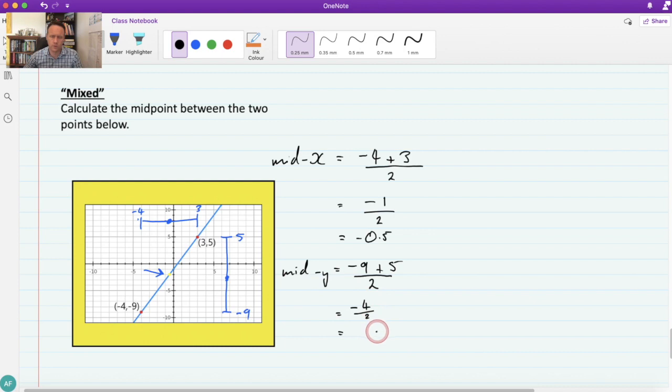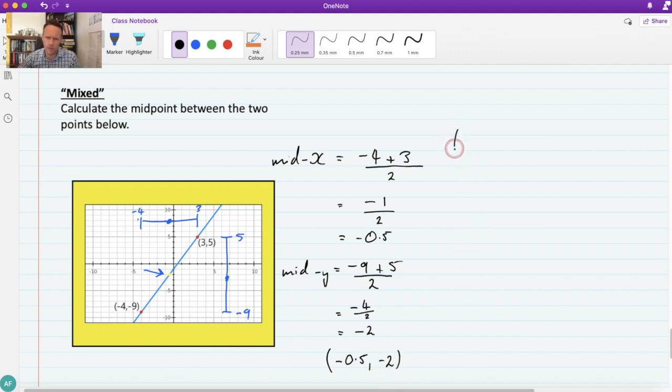So -4 divided by 2 is -2. And that is our second point, our y midpoint. So the midpoint of this line lies at, we just substitute the x and the y points in, (-0.5, -2).